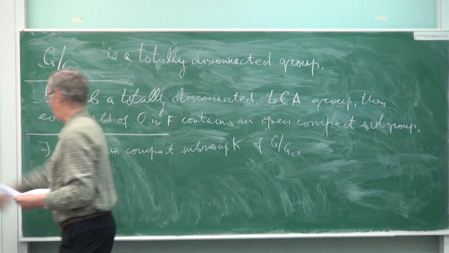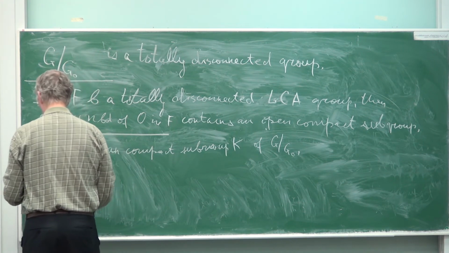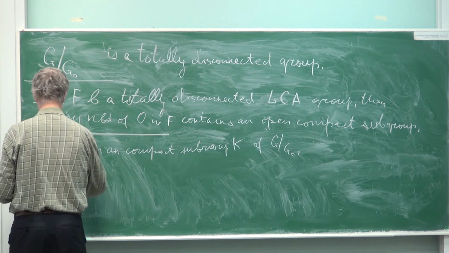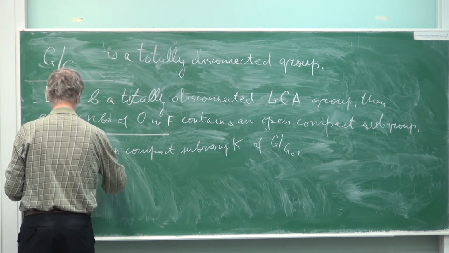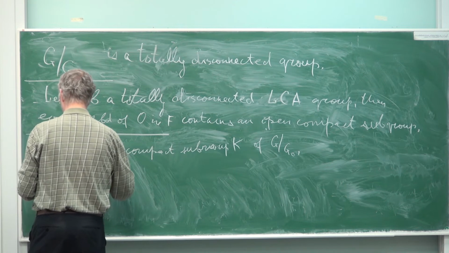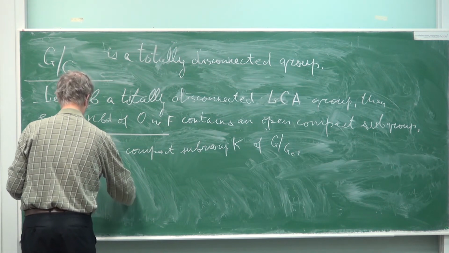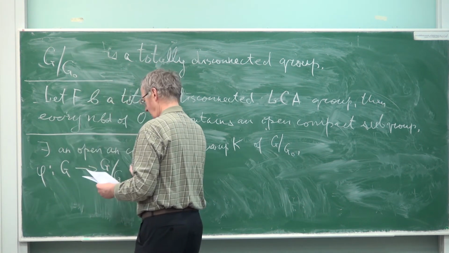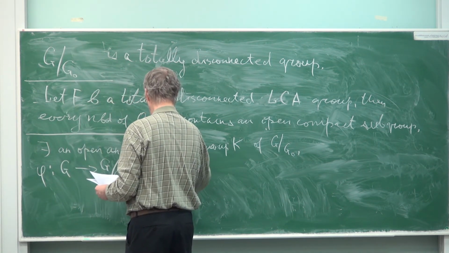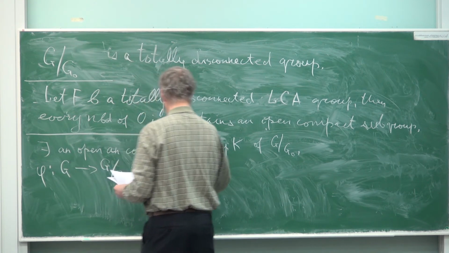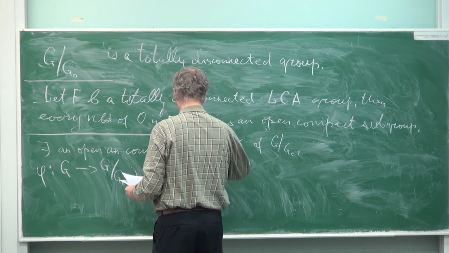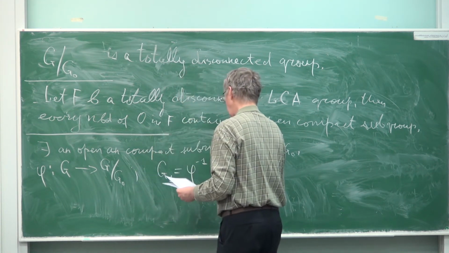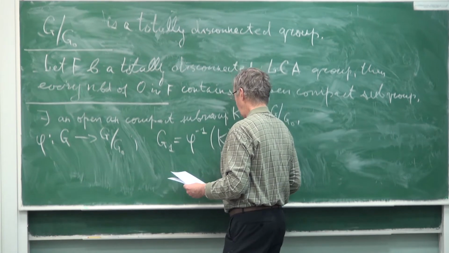So this is by that lemma. And now consider the canonical quotient mapping phi of G onto this quotient, G over G0, the connected component of 0, and take the group G1 equal to phi to the power minus 1 of K. So this is a complete pre-image of this compact group K.